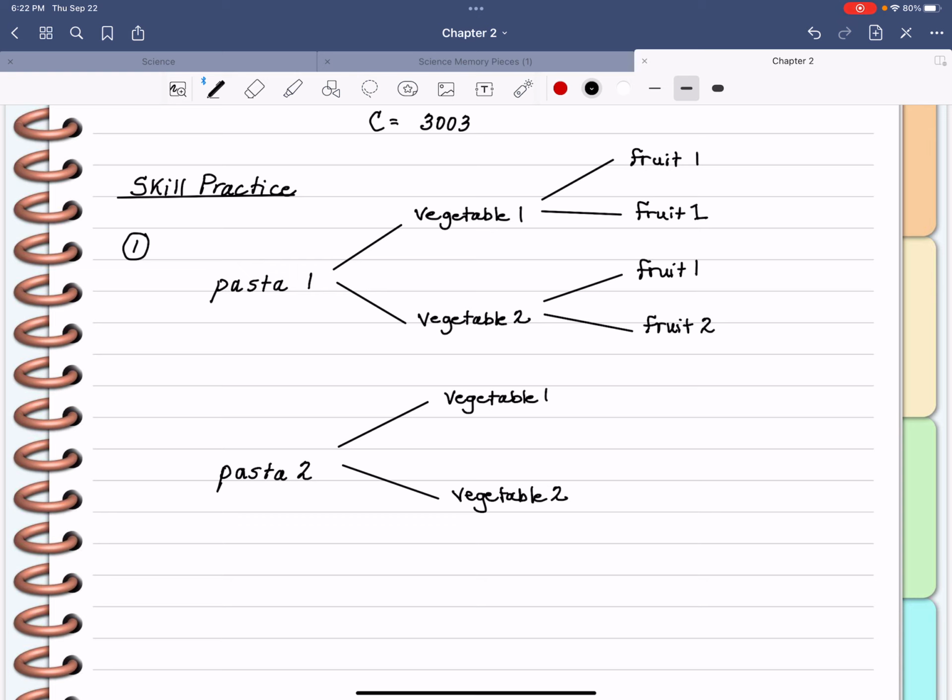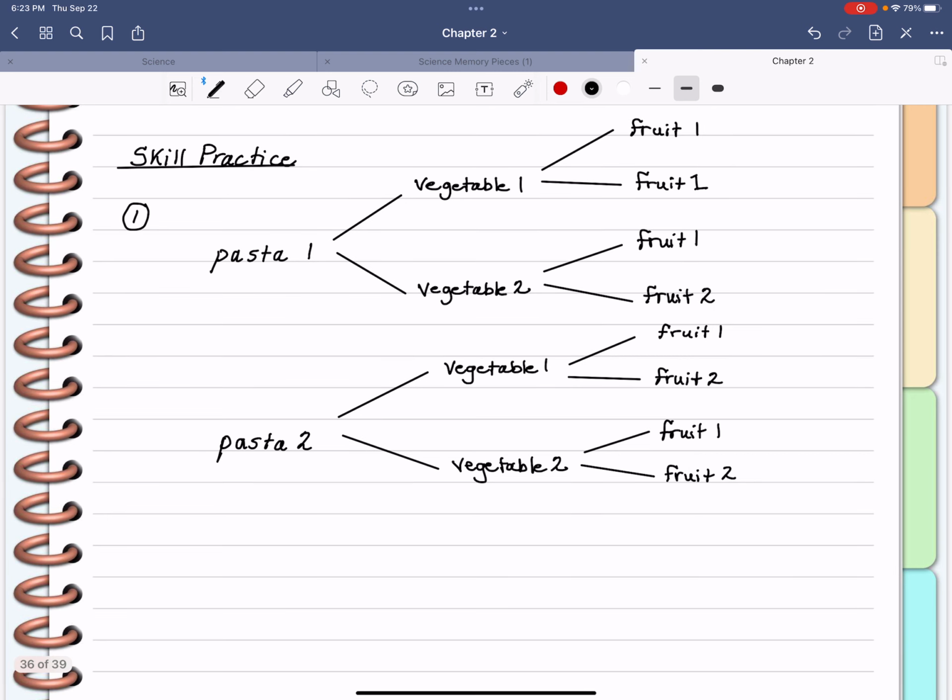And then we have to do it one more time for these. Just going to go ahead and draw my lines in. And fruit 1 and fruit 2. Fruit 1 and fruit 2.